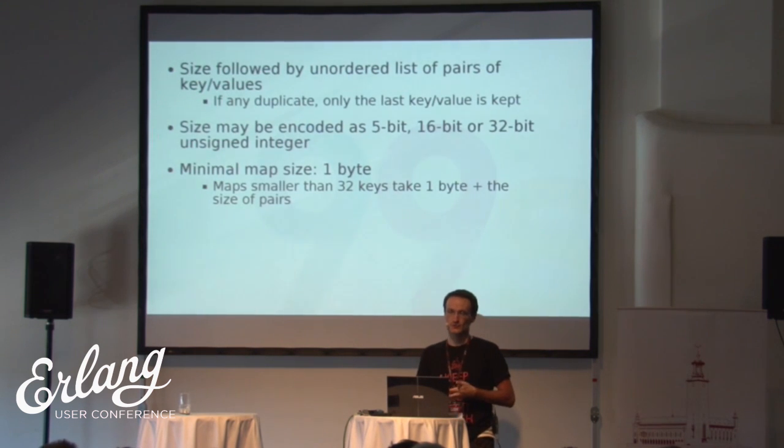And then we have actually 3 different ways to provide structure. We have maps, which you pretty much know what they are. For small maps, it will take only 1 byte followed by the actual map content. So it's not too bad. And something that we have to make a choice on is when the map is sent with duplicates.